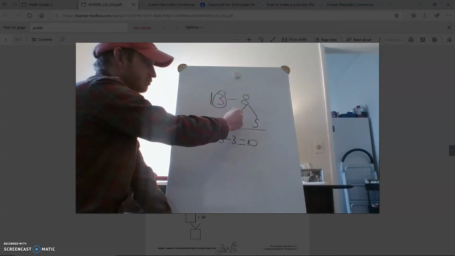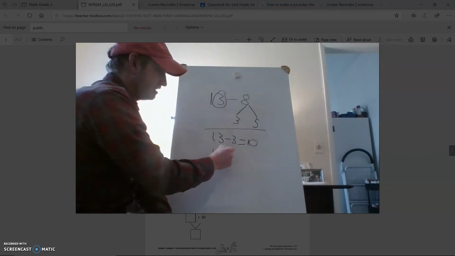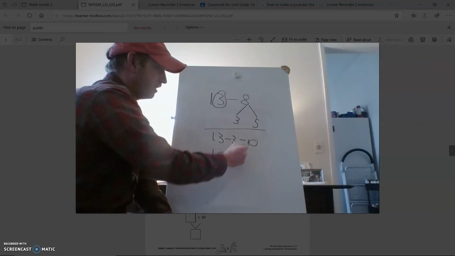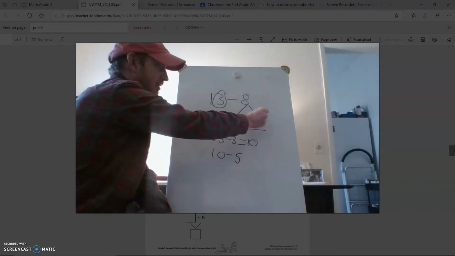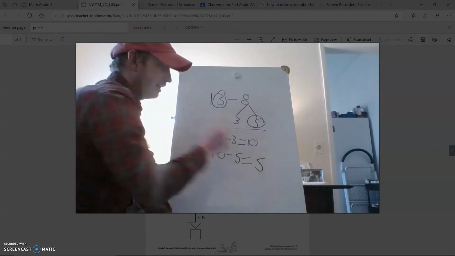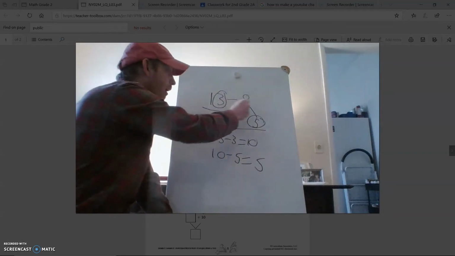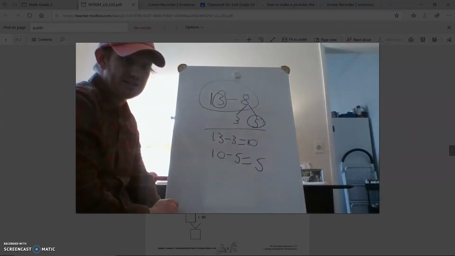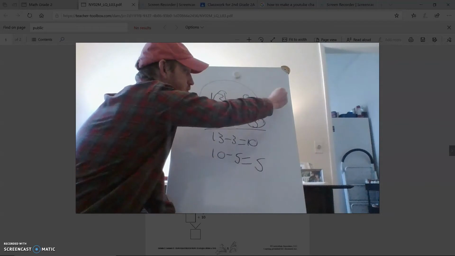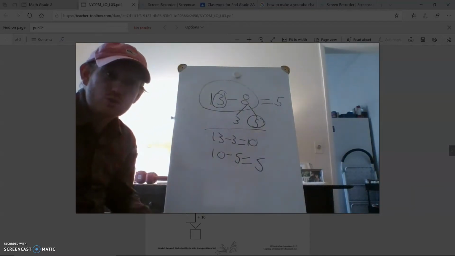And then 10 minus our leftover 5 is equal to 5. And then that means that our problem up here, 13 minus 8, is equal to 5. So Anna did do the problem right.